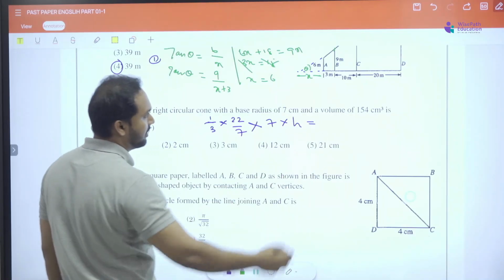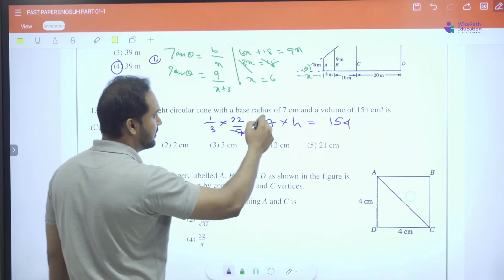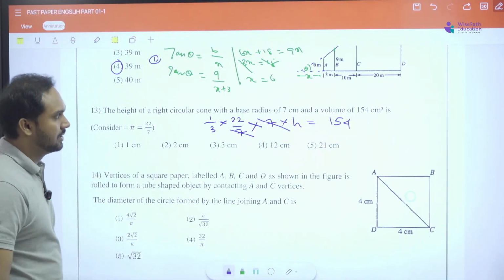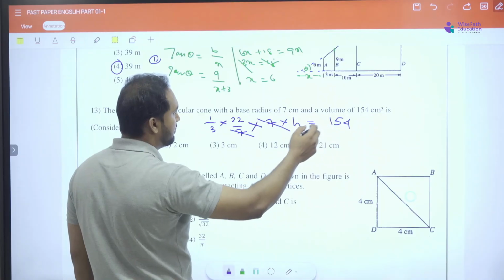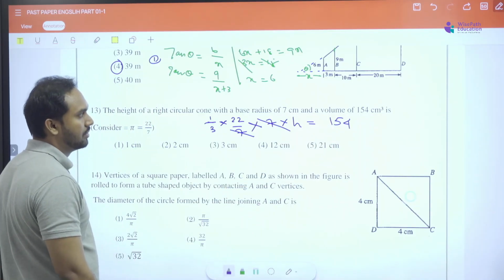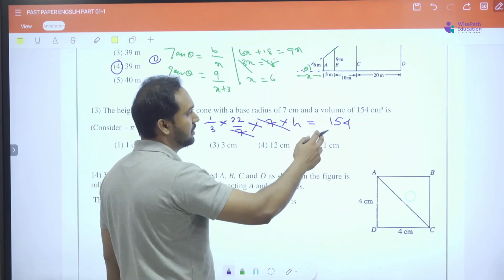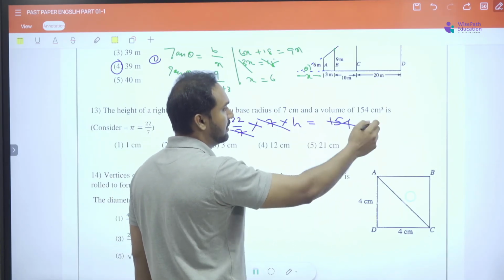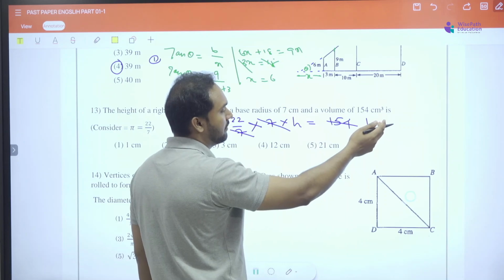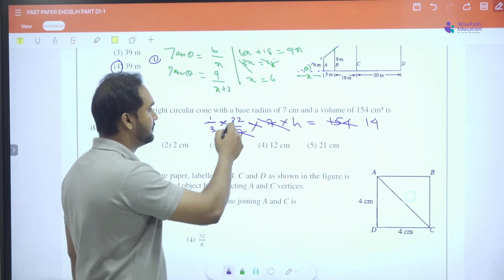H you have to find and the volume is given as 154. You have to simplify this. 7 to 7 cancels. Does it divide by 22? No? Does it divide by 11? 11 times 14 is 154, so 14 times 11s are there.